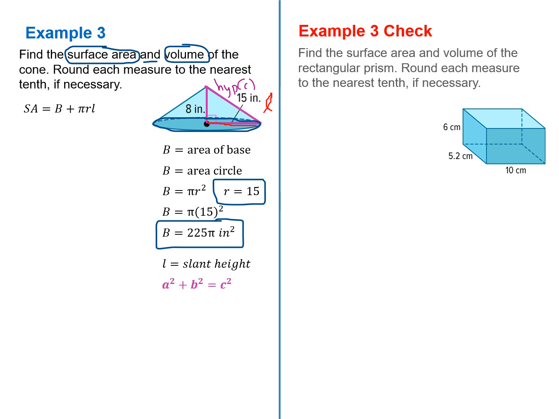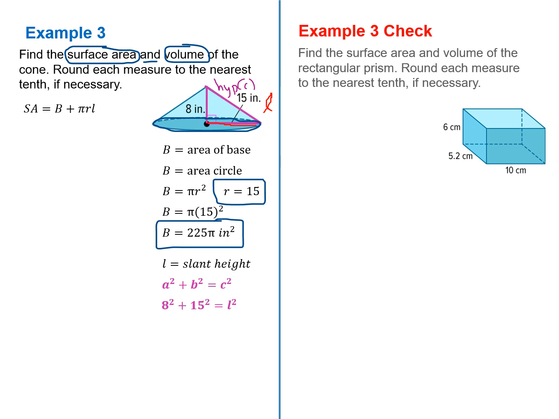A squared plus B squared equals C squared. Remember, A and B represent the legs of the right triangle, and C represents the hypotenuse. The legs are the 2 pieces that make up the right angle. So that makes it 8 squared and 15 squared. So that 8 squared plus 15 squared equals the slant height squared.